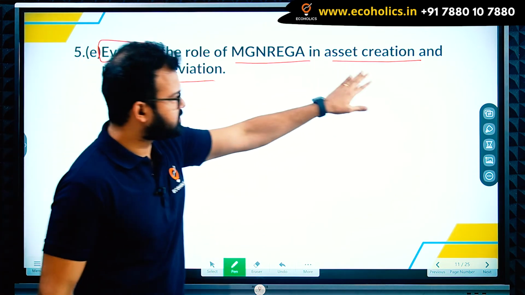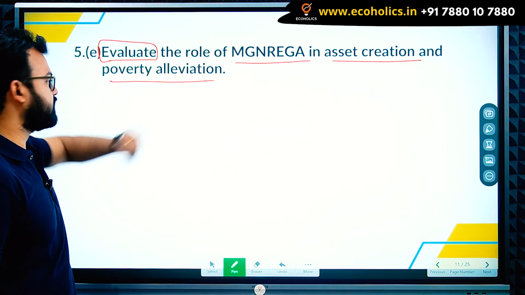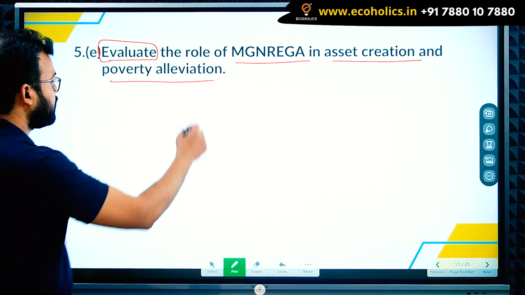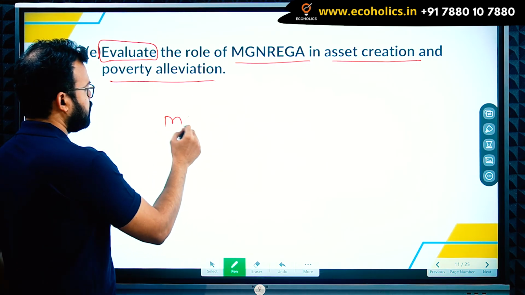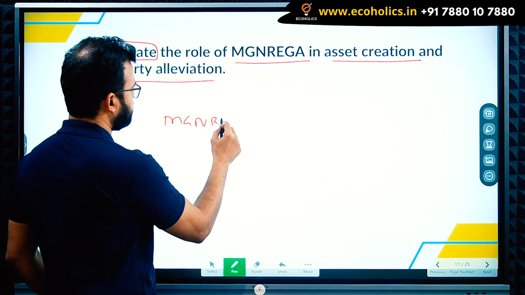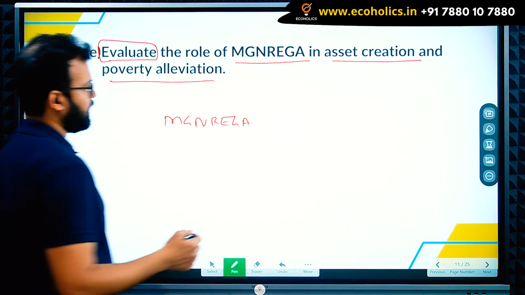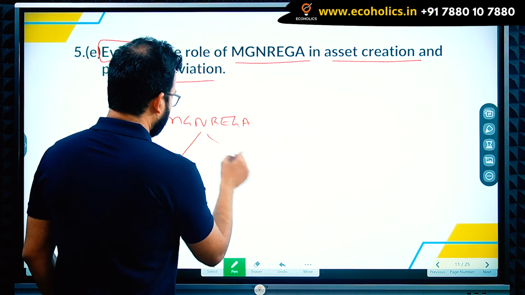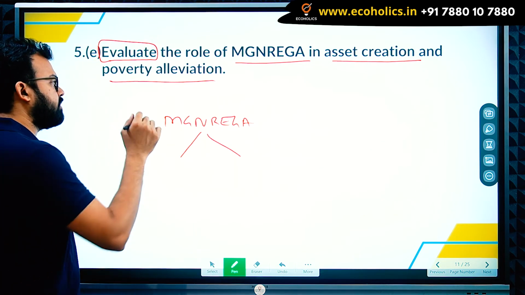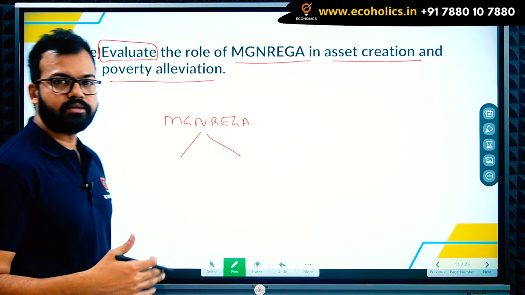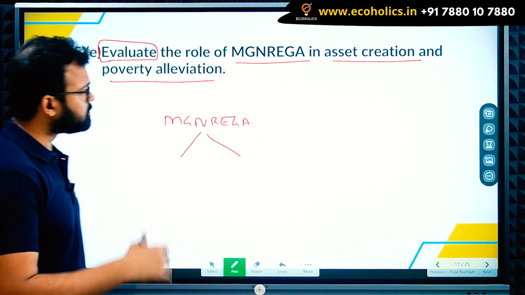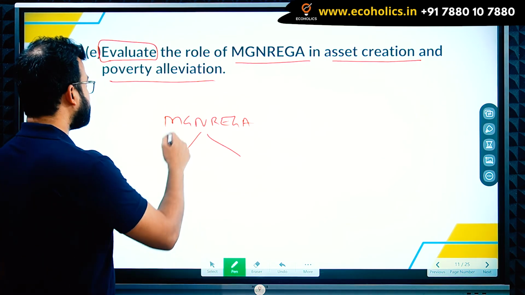The first one is asset creation and the second one is poverty alleviation. Now if you have heard about MGNREGA, that is Mahatma Gandhi National Rural Employment Guarantee Act, what is the main aim of MGNREGA? It's to provide guaranteed employment.